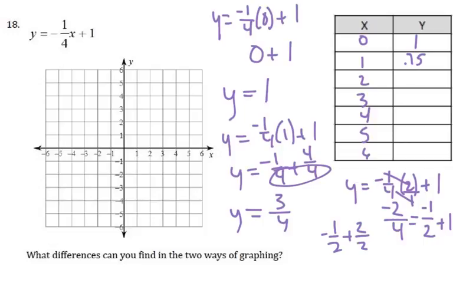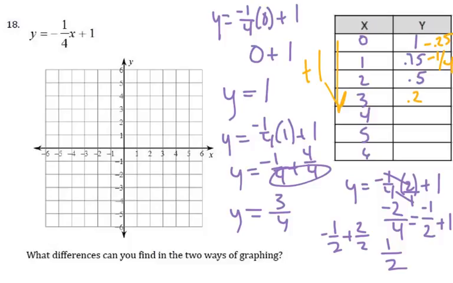Negative 1 plus 2 is 1 over 2. So y equals 1/2, or 0.5. If we did it for 3, okay, but we should be able to get our pattern. So here we're adding 1. Here we are 1 to 0.75 to 0.5, so we're subtracting 0.25, or in other words, subtracting 1/4.